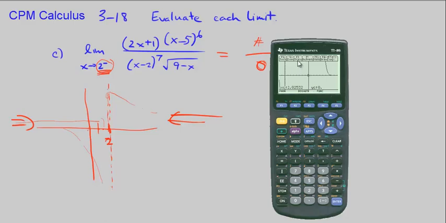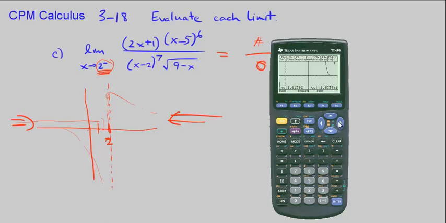So now let me trace. E to the 11 means a really big number, but I'm at 2 point something, so I'm to the right of 2. So how can I get to the left of 2? Okay, now I'm at x is 1.6, and my y value is negative 1 times e to the 6th.